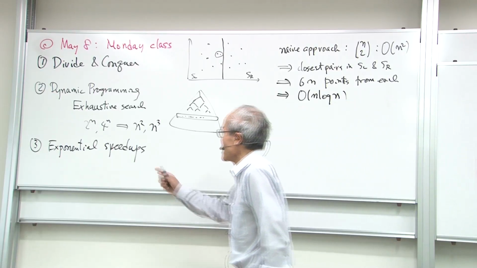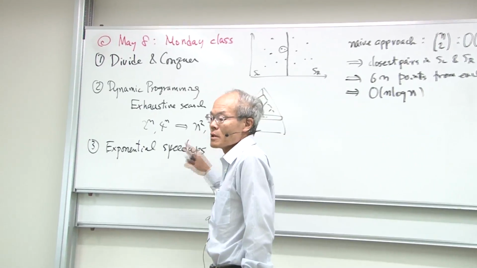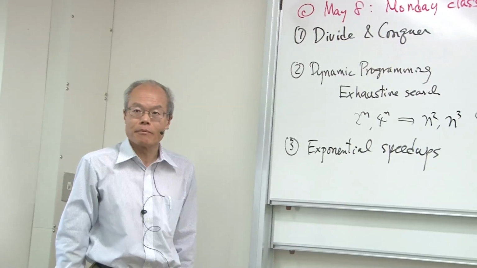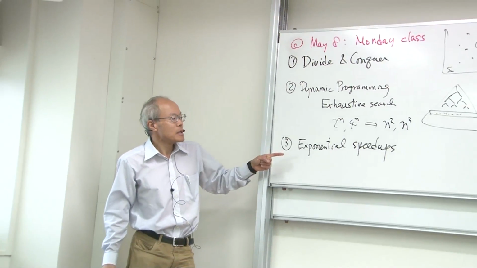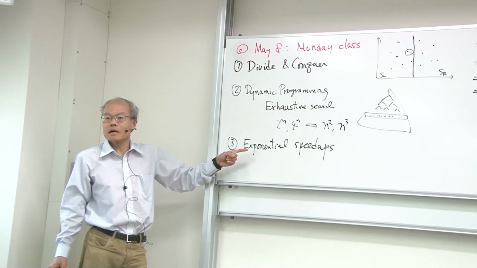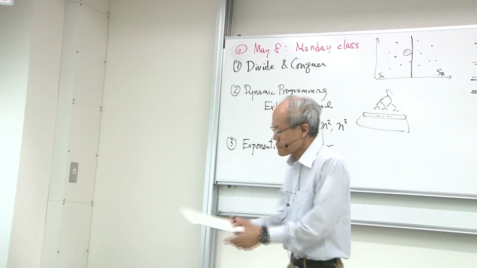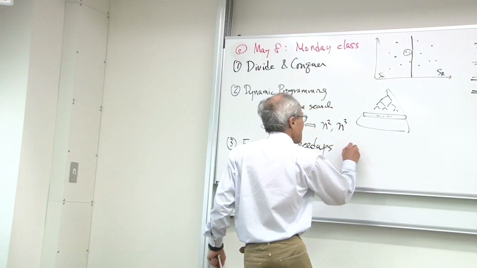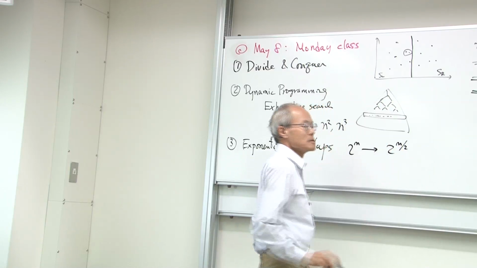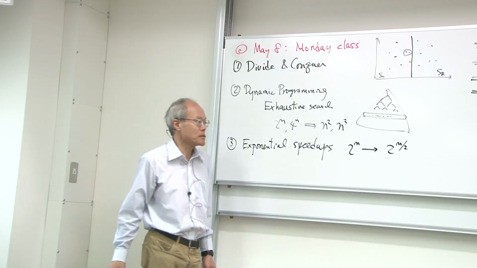So this kind of speed up might not be possible, but it's still valuable to seek some kind of speed up, that is, an exponential speed up. Meaning, for example, 2 to the n to 2 to the n over 2. This is an exponential speed up.